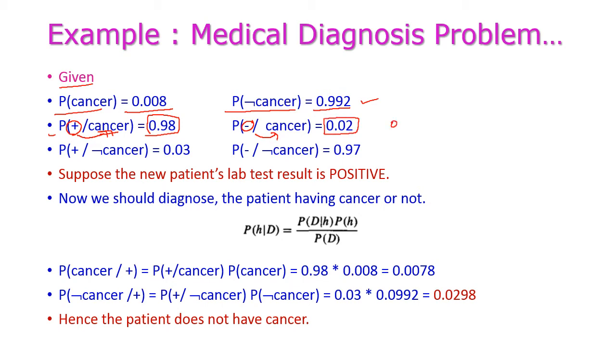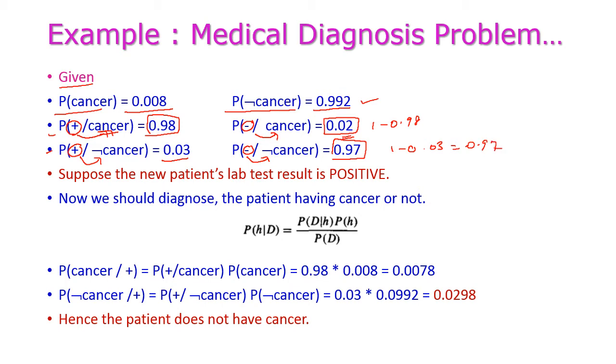That is 1 minus 0.98, which is equal to 0.02. And the next one, the test result is positive when there is no cancer, is equal to 0.03, and the probability that the test result is negative when there is no cancer is equal to 0.97. That is 1 minus 0.03, which is equal to 0.97.